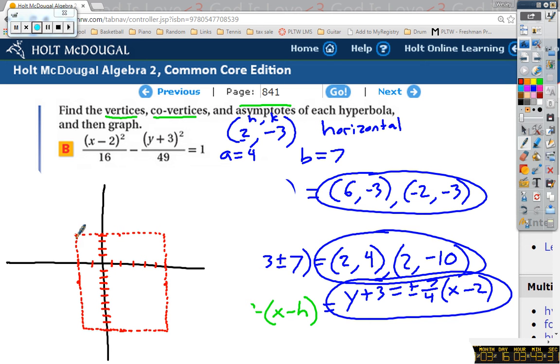Okay, well, if I join the corners of my box, and of course my center is at 2, negative 3, which is right there, so it should go through that center. Just keep them going off. And then come this way, start at the center.